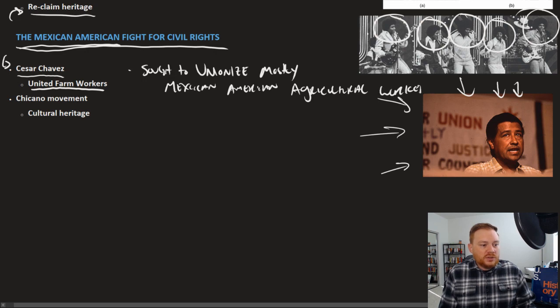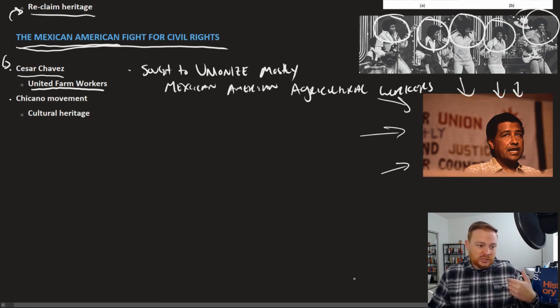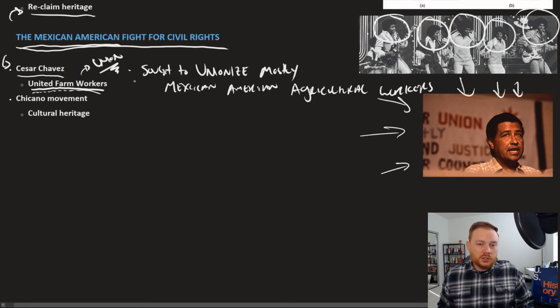He adopted a lot of the same tactics as Martin Luther King Jr.: civil disobedience, nonviolence, protest organizations, marches, and hunger strikes, and was successful in creating the United Farm Workers. So this was a union, so successful in creating a union for those workers, and continuing to tackle other problems.